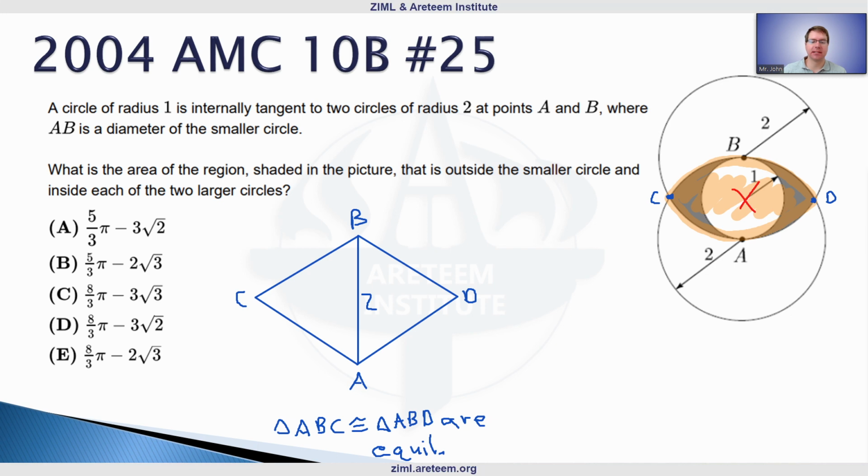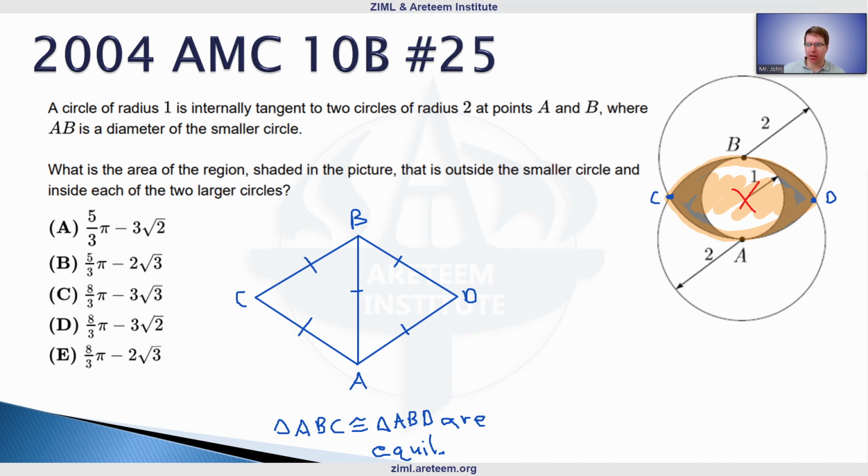So we have all of these equal lengths. Let me not worry about the 2 for a moment, but we have all of these equal lengths. And we know then that we have a bunch of 60-degree angles.